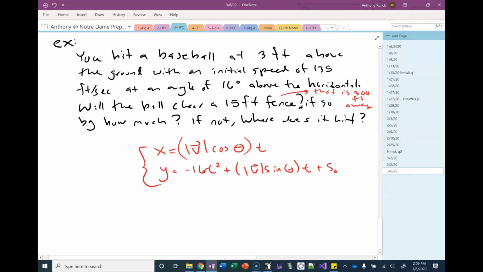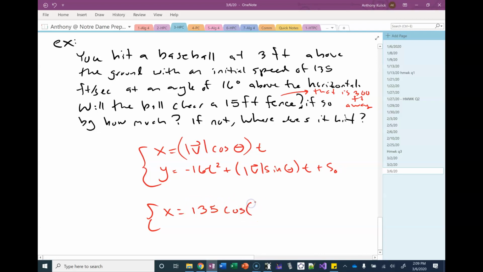Okay, so what is my value for the magnitude of V? What does the magnitude of V represent, actually? Let's start there. What did we say that was? 135. It's the initial velocity, which in this case is 135. Good.